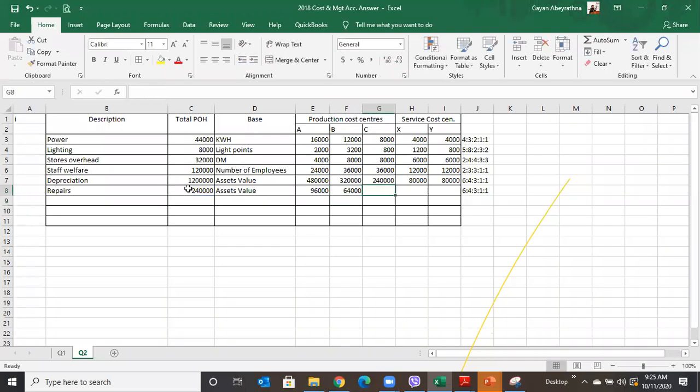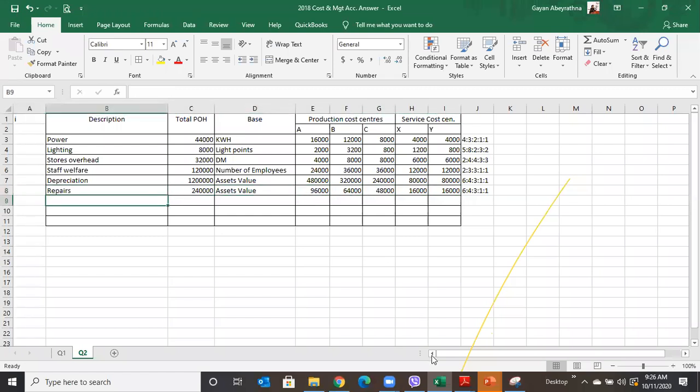Then 240 divided by 15 into 3. Then here 240 divided by 15 into 1. Yeah, 16,000. Is this correct? Correct. Okay.